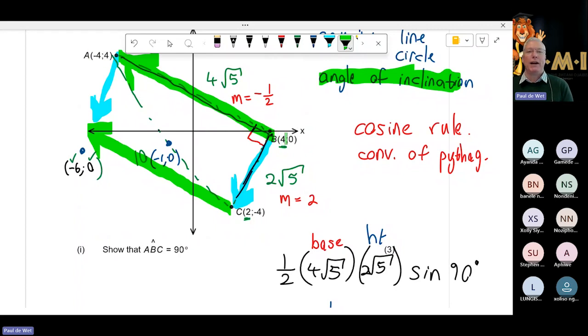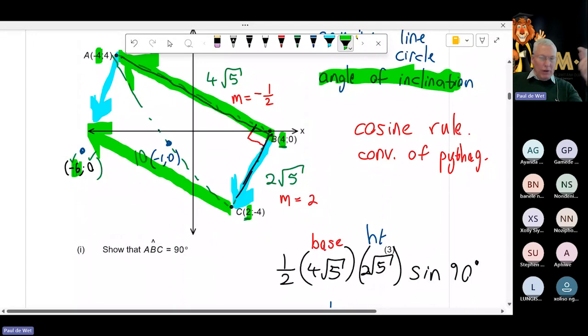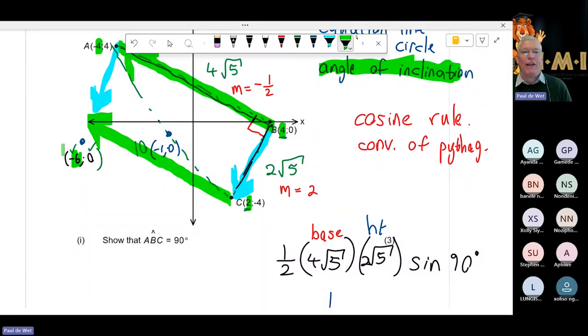How much is it decreased by? From B to A, it's decreased by 8. If it decreases by 8 from 2, I get negative 6. So we do the same thing as we move down both sides.